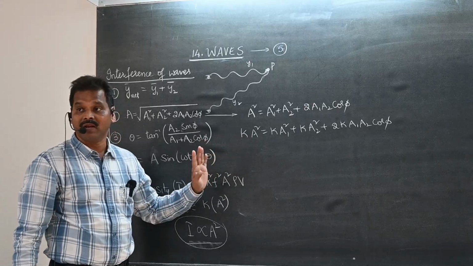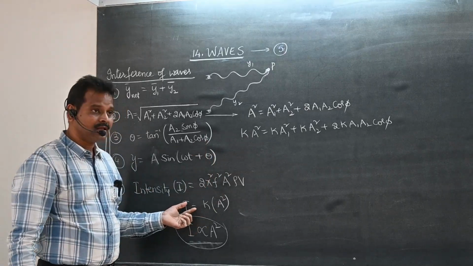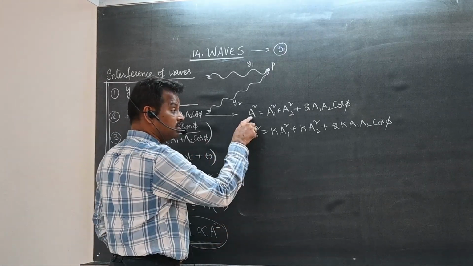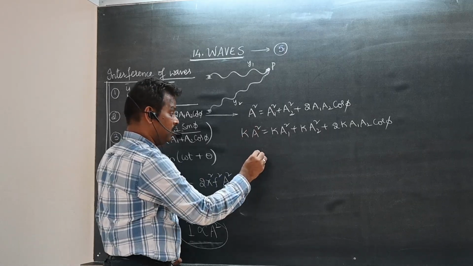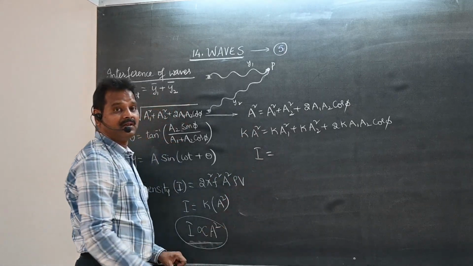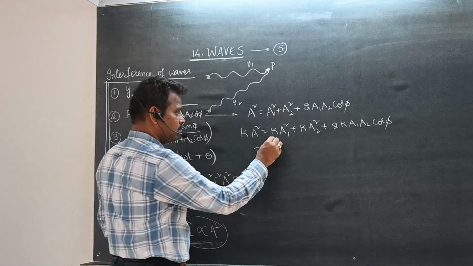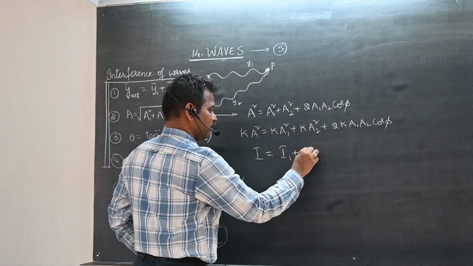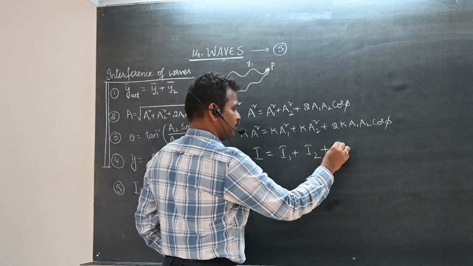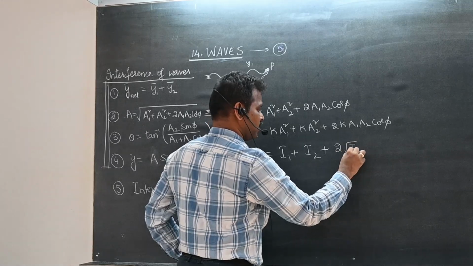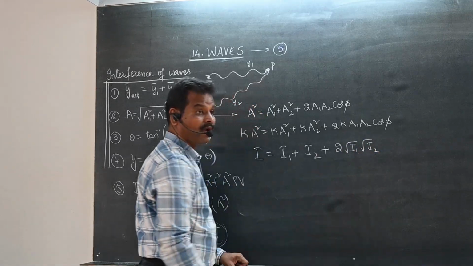What is k a squared? It is I, the resultant intensity, which is equal to I1 plus I2 plus 2 root I1 root I2 cos φ. Why?